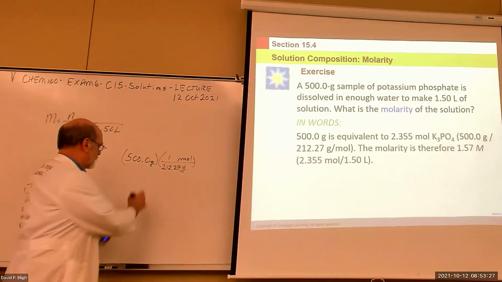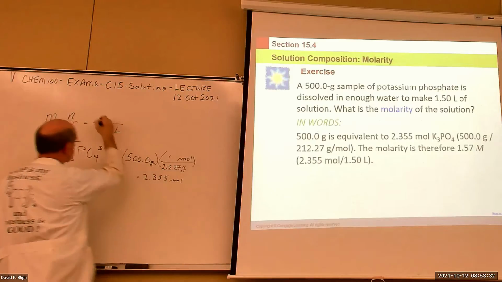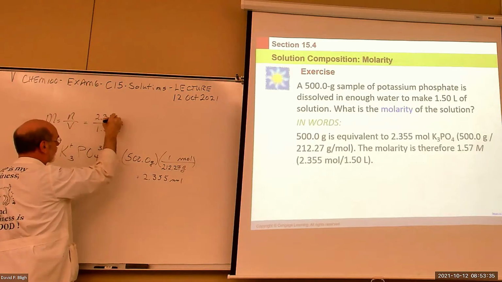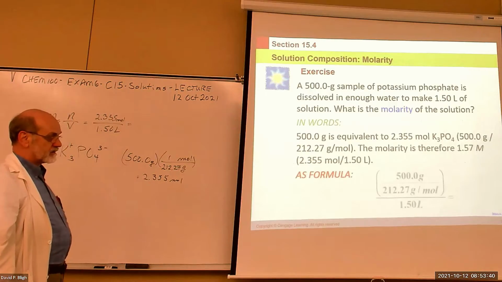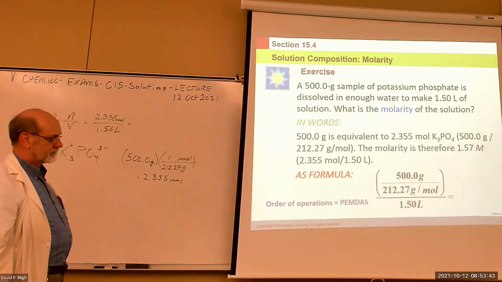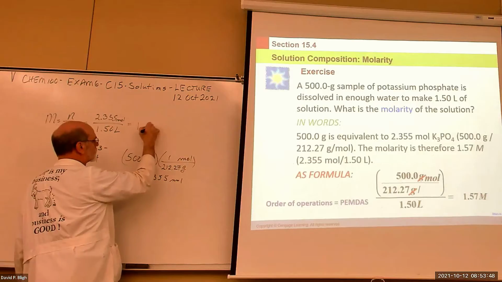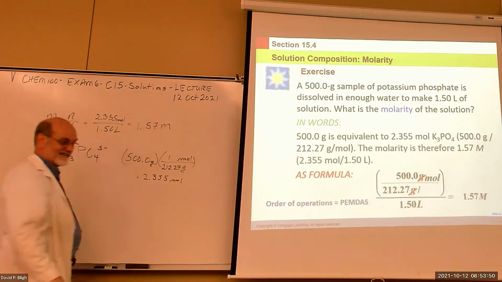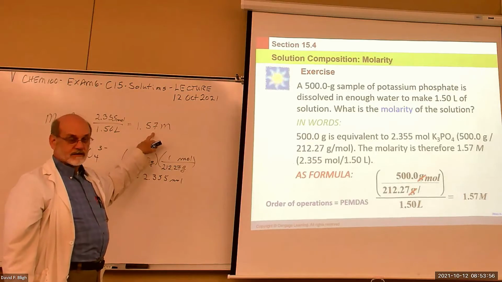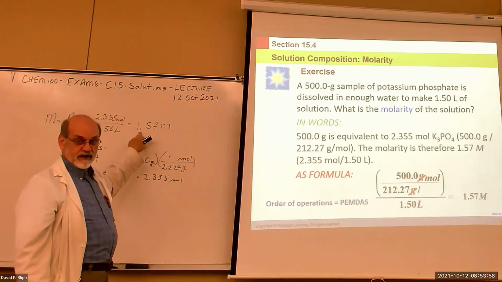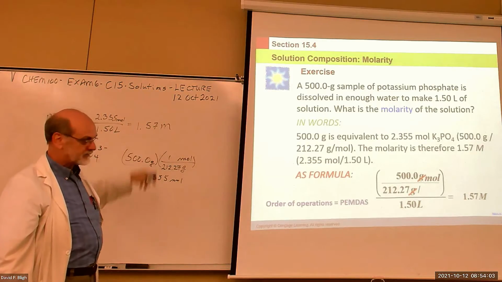That's what this is. And that goes up here. And then we can do the calculation. 1.57 molar. That simply says if you have a liter of this solution, you will have 1.57 moles of potassium phosphate in that volume.